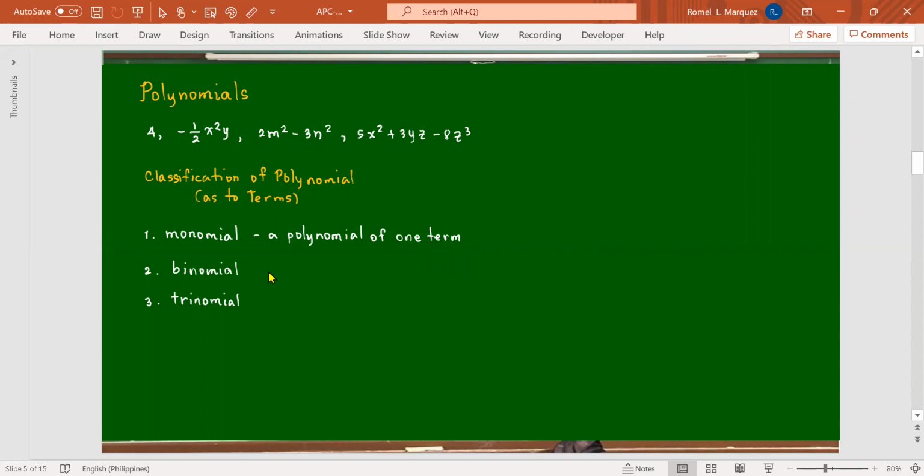Ito naman, a polynomial of 2 terms. What about this? A polynomial of 3 terms, okay? Of 3 terms. Okay, guys?